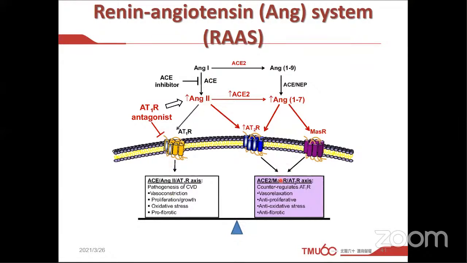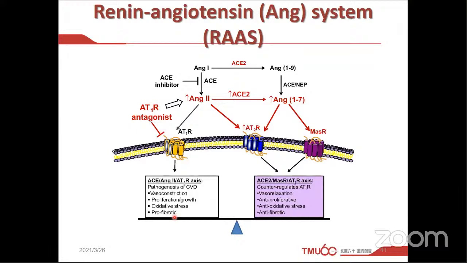This pathway will increase the vascular tone, cause vascular relaxation, and has anti-proliferative, anti-oxidant stress, and anti-fibrotic functions, but it does not inhibit the inflammatory function. However, if you go to the other signaling, what happened?